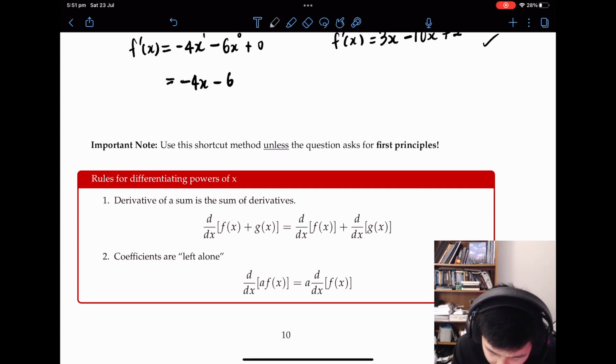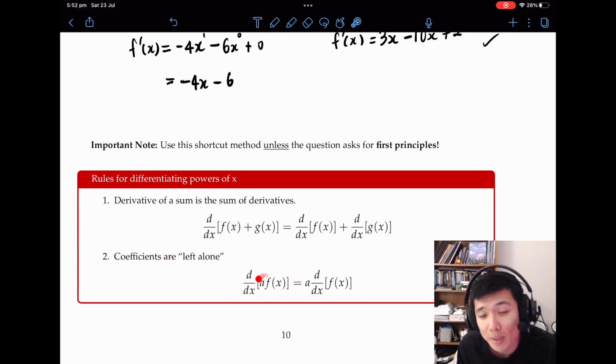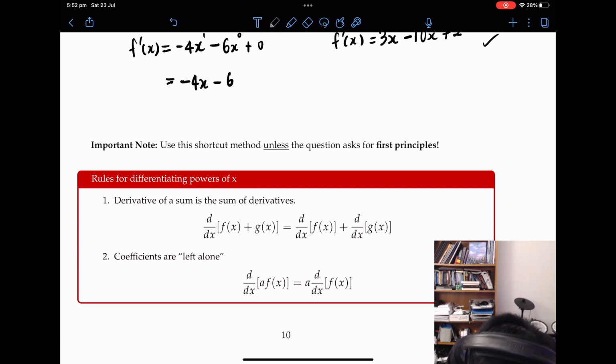Okay. The second statement is that the coefficients, so the numbers that are outside the function, they stay there. They don't just disappear. What this means is that if I'm trying to differentiate 6x squared, that 6 stays on the outside.